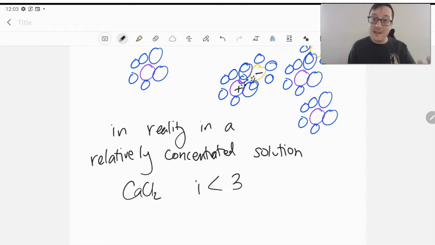So it's not going to be exactly 3 because we start having the ions interacting while they're doing their ion-dipole interactions with water. But I mean, they're still separate. It's definitely more than 1, so there is separation. It's still probably more than 2, but it's not going to be quite 3 in a relatively concentrated solution.